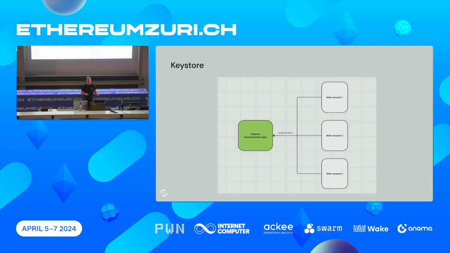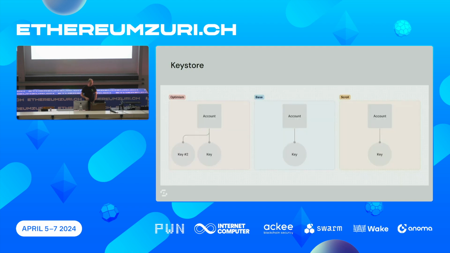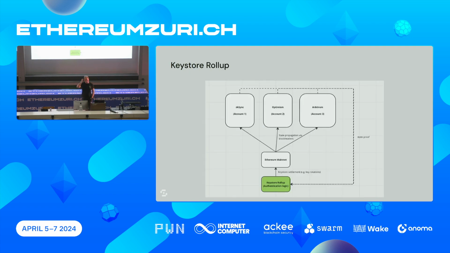They don't have the authentication in the account itself, but always check with the keystore contract what the authentication is. Exactly, and this also addresses the key exchange or syncing topic.